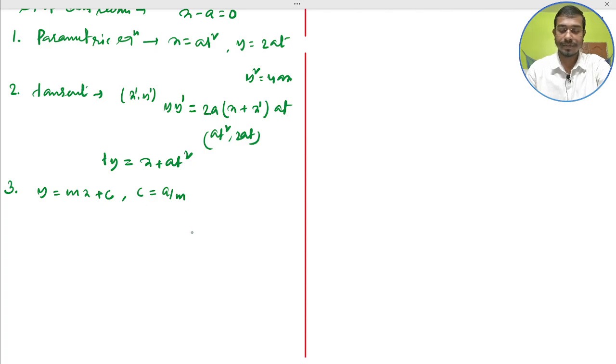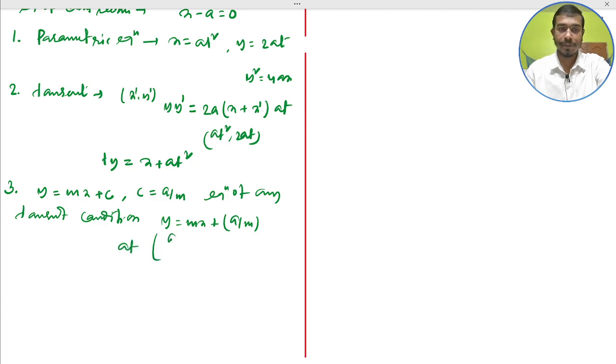The condition is what? Equation of any tangent. The condition that y equal to mx plus c means c equal to a by m. At the point, very important: a by m square and twice a by m. At that point, this will be the condition.